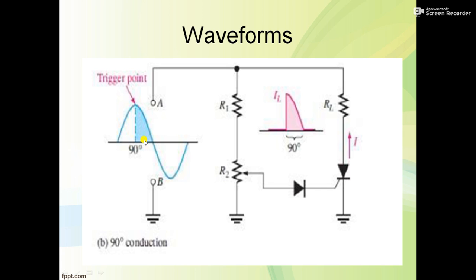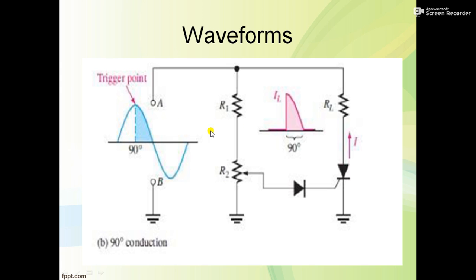It means that when I apply a positive half cycle of the AC input signal, at the output side my aim is to get only this part of the signal. The output will trigger from this point.